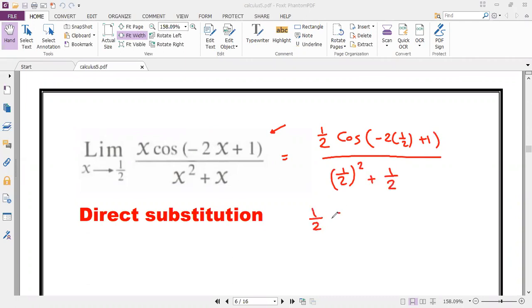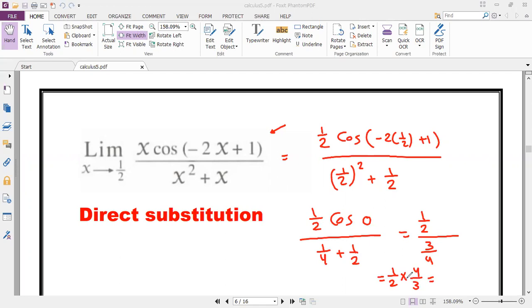Negative 2 times half plus 1 is negative 1 plus 1, which is 0. So it's half cosine 0 over 1 over 4 plus half. Cosine 0 is 1, and 1 over 4 plus 1 over 2 is 3 over 4. So half divided by 3 over 4, times 4 over 3, we end up with 2 over 3. That's it.